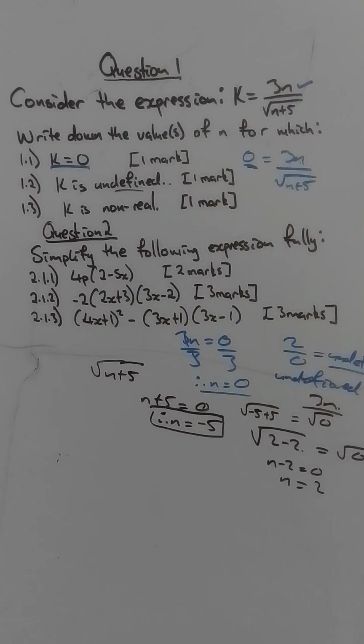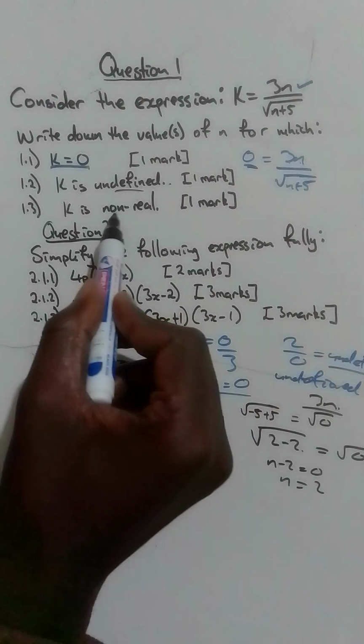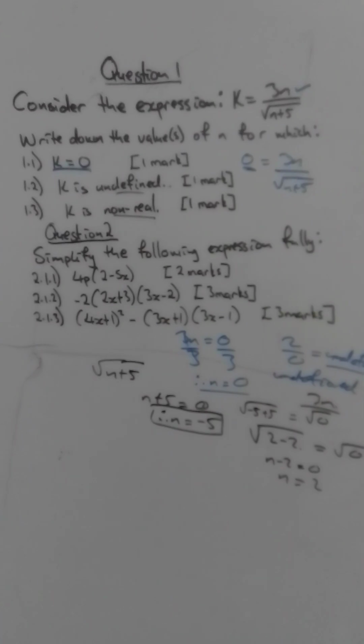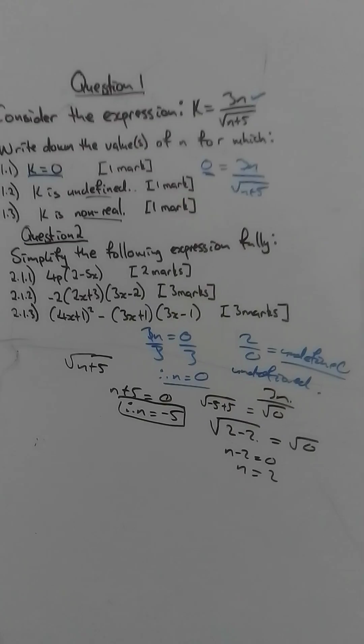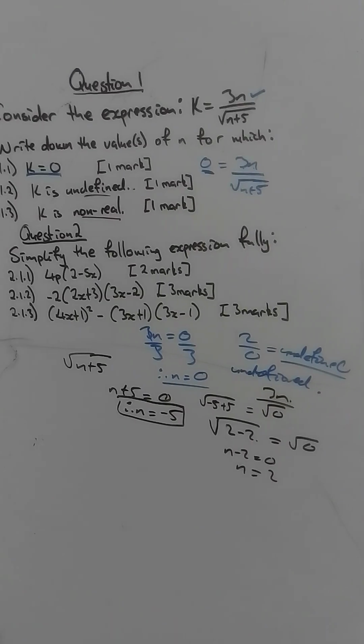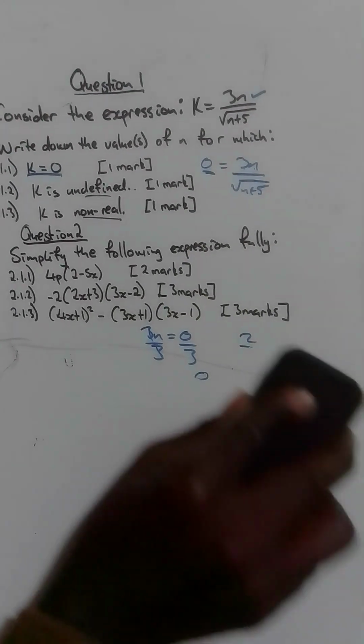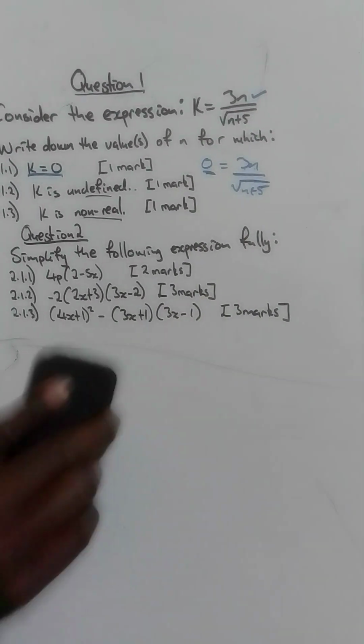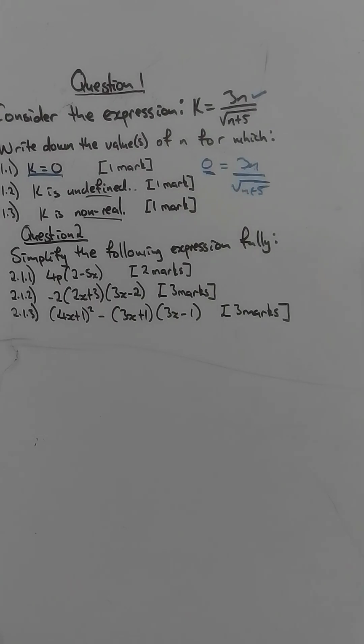Okay, then the last question they ask: for which values will k be non-real? What do they mean when they say non-real? What they simply mean is that in term 1 you were taught about the number system, and we've got numbers which we call real numbers.